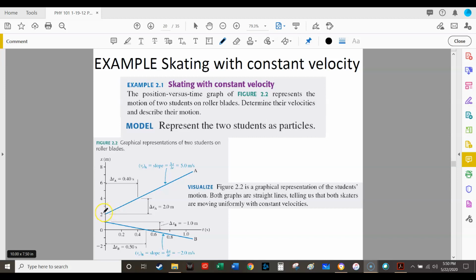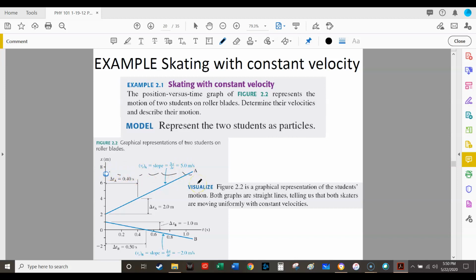It looks like the first skater had a displacement of 6 meters over the period of, actually, that is going to be 5 meters. It's not ending here quite like we thought.